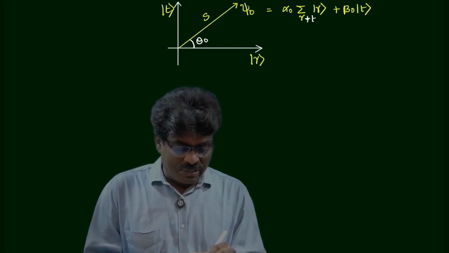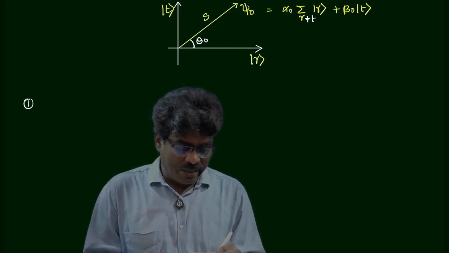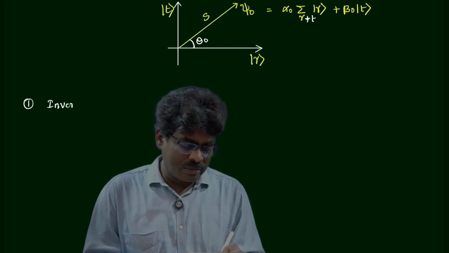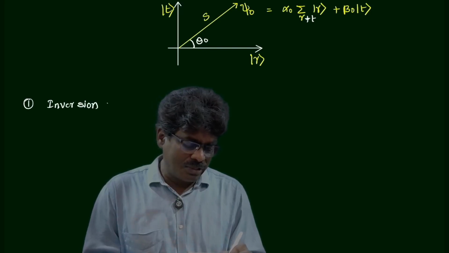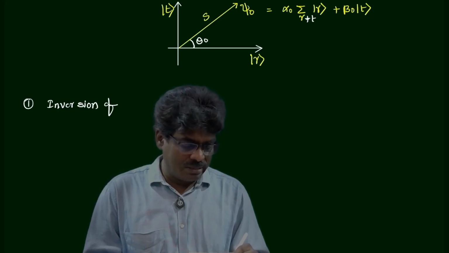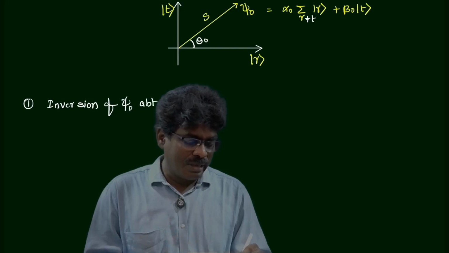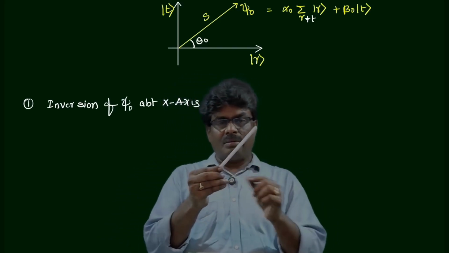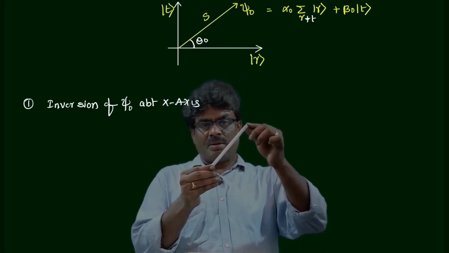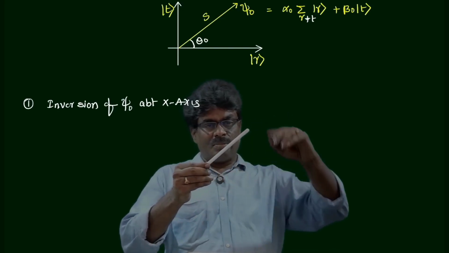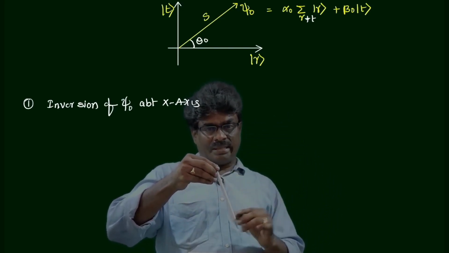The first operation is inversion of the state psi naught about the x-axis. For example, if you have this state psi naught and you take the inversion about the x-axis, then it will become like this.